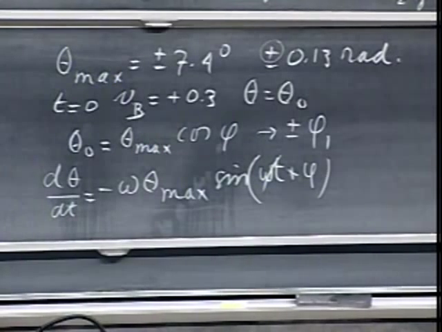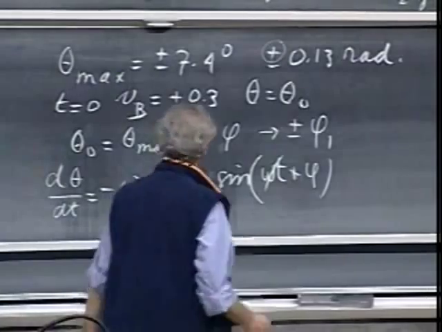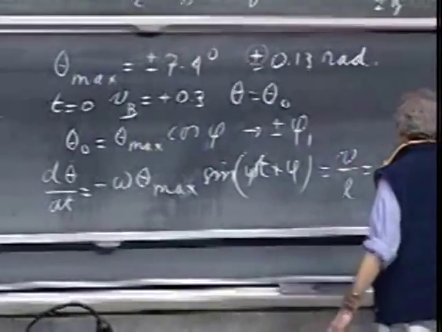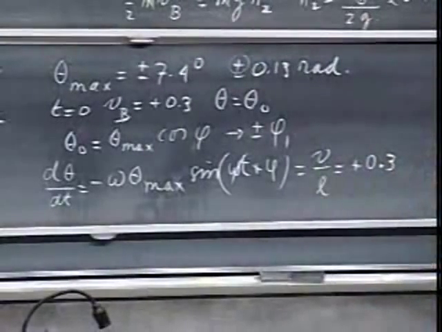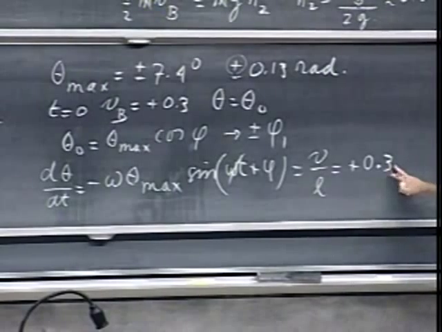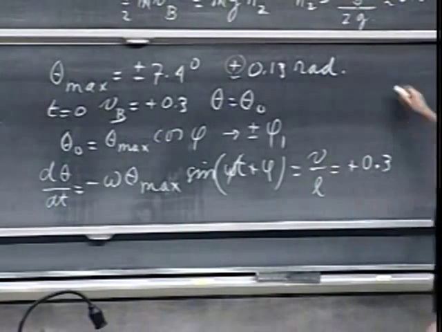What is d theta dt? Well, d theta dt is v divided by L, and is therefore plus 0.3. This is plus because at t equals 0, the angle is increasing. So how do we know it's v over L?